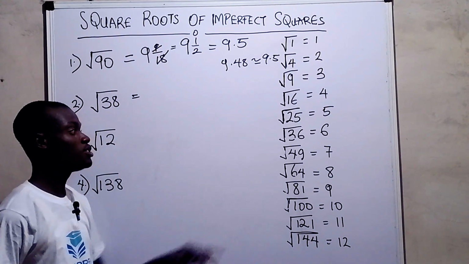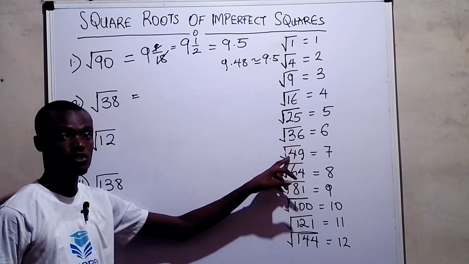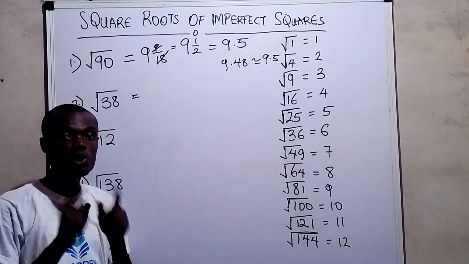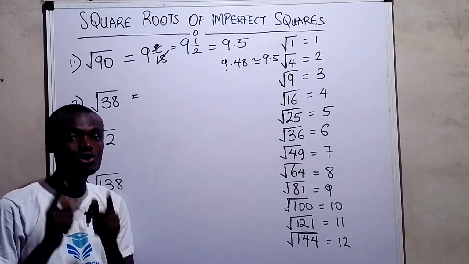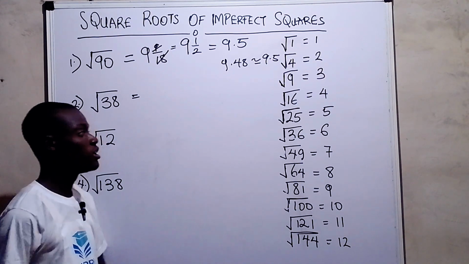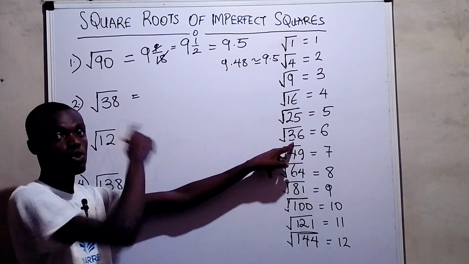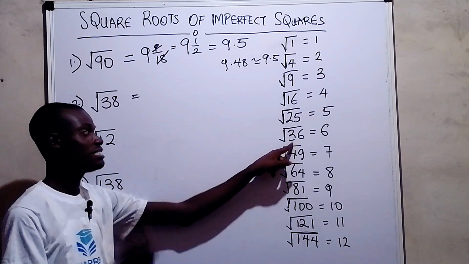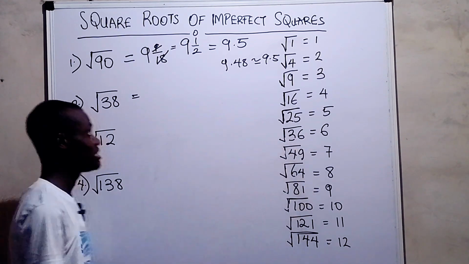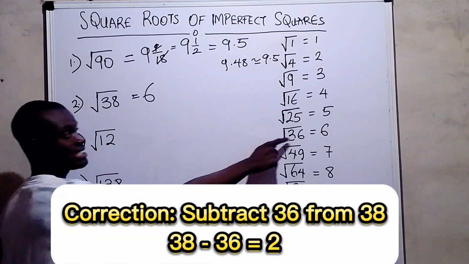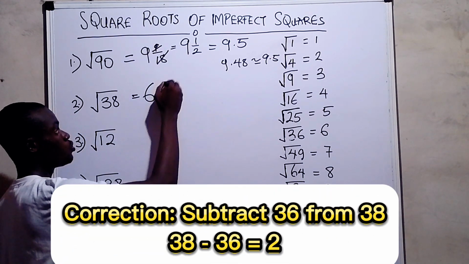So in our second question, we are told to look for the square root of 38. Now 38 is between 36 and 49. But remember the rule. You have to look for the closest perfect square that does not exceed that number. So 36 is the closest perfect square that does not exceed 38. The square root of 36 is 6. Next, we subtract 36 from 38, which is 2.